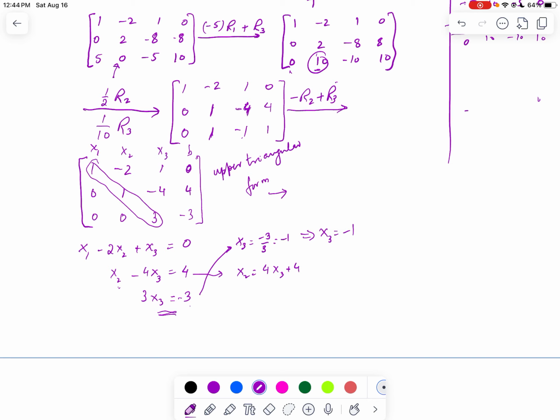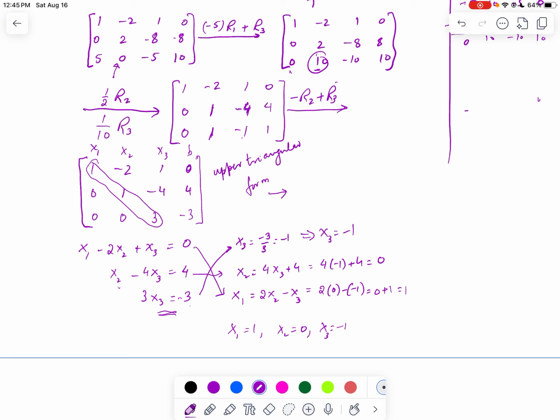But x3 is negative 1, so I substitute that, and this gives me 0. Now from the first equation, we can get x1 equals 2x2 minus x3. Plug in 2 into 0 minus negative 1. So it is 0 plus 1, which is 1. So we have x1 is equal to 1, x2 is equal to 0, and x3 is equal to negative 1.